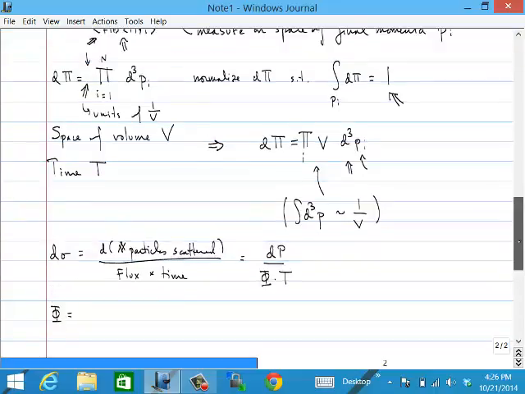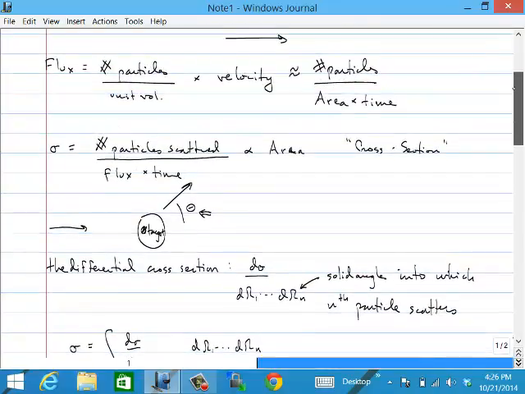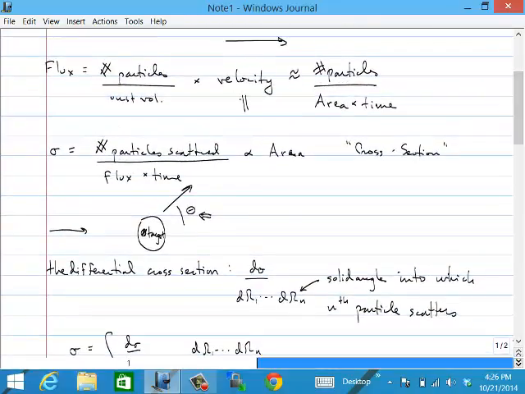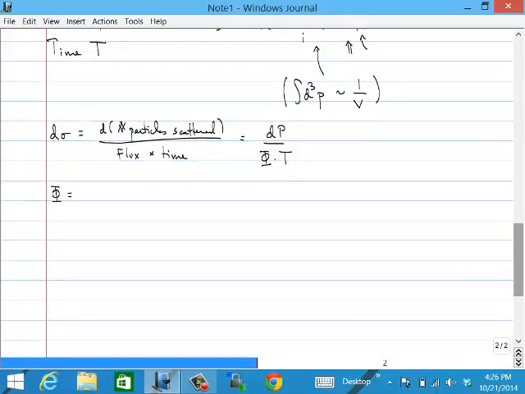So just remember, the flux is defined as the velocity of the beam times the number of particles per unit volume. The number of particles per unit volume is 1 over the volume of the space. So you have 1 over the volume of the space times the velocity of one of the particles in the center of mass frame.